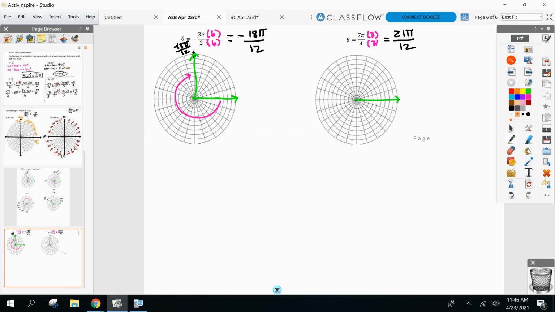There's 24 markings, so if you want to work backwards, you can, too. 24, 23, 22, there it is. And then where are we going? Counterclockwise, because it's positive. Yep. There it is.